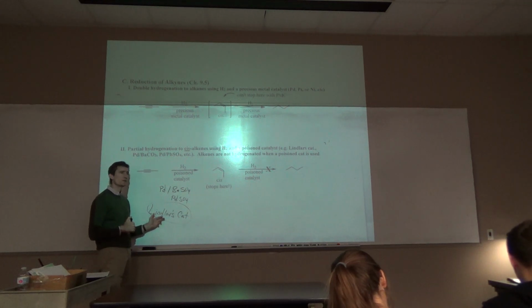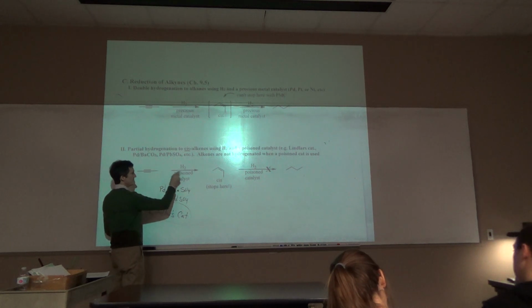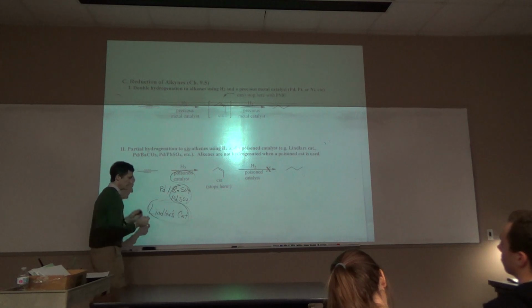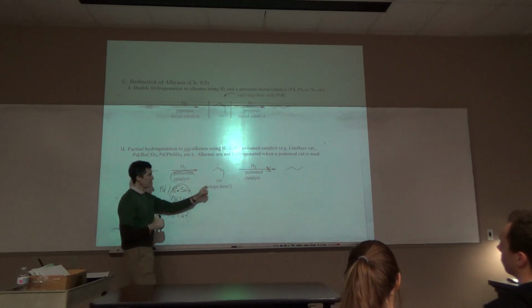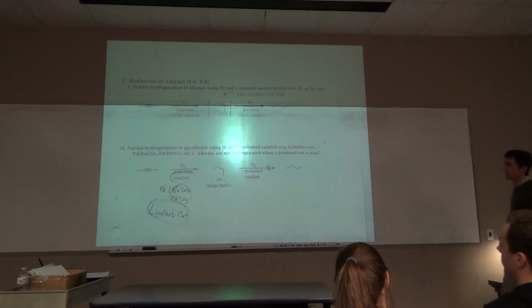It's a mixture of things that leads to a poisoned catalyst. So you may see it like this. If you see something added, that's probably often a poison or a dopant or Lindlar's catalyst. Use a poisoned catalyst to stop at the cis alkene. The reaction will not continue on.